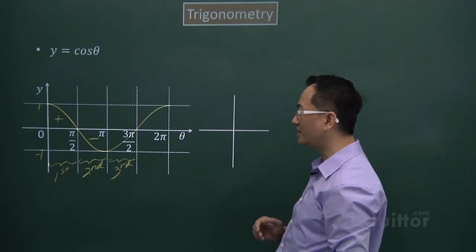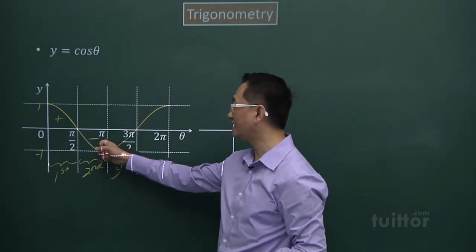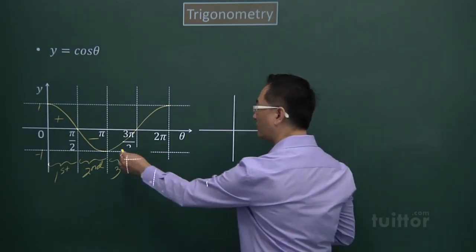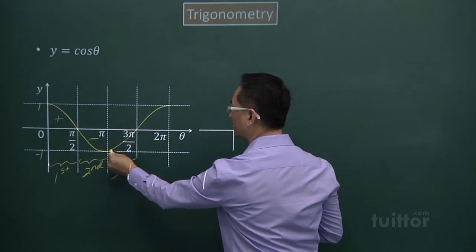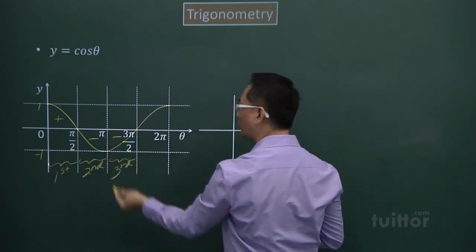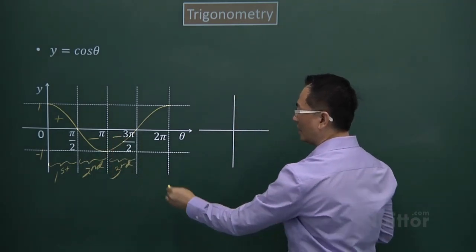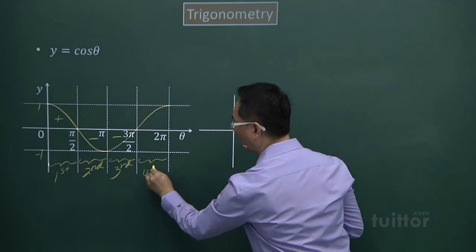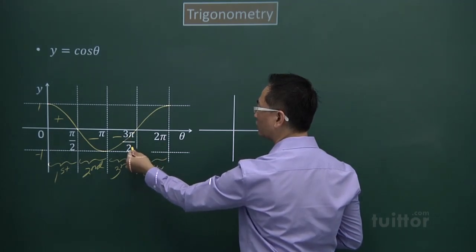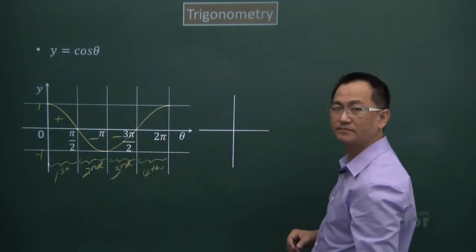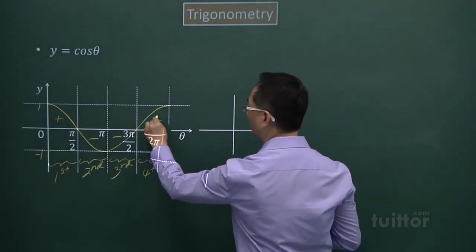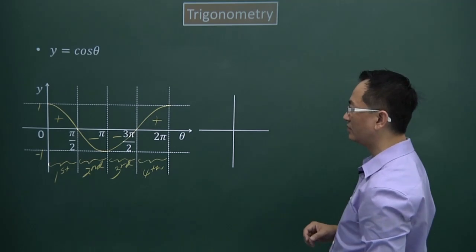If you're looking at degrees, then it will be 180 to 270 degrees. And the part of the graph here in this section is below the theta axis. So the y value will be negative. And over here, fourth quadrant, the angle is from 3 pi on 2 to 2 pi. And the part of the graph is above the theta axis, so the y values are positive.